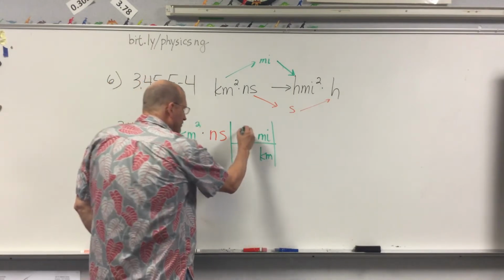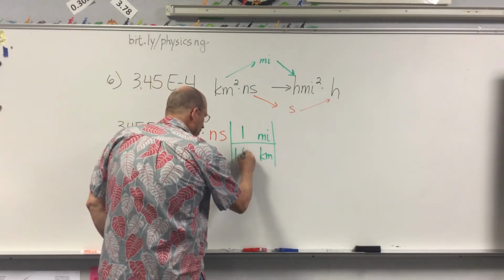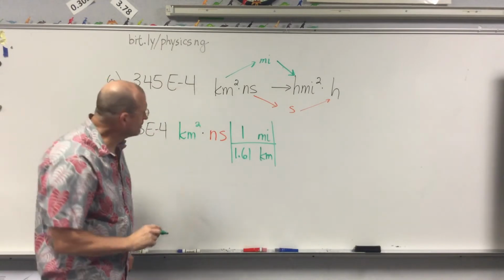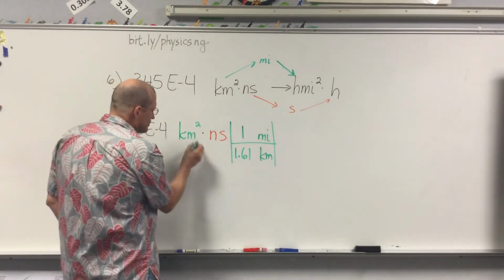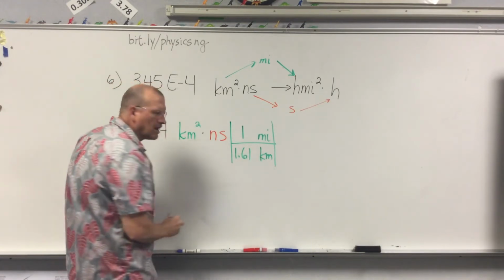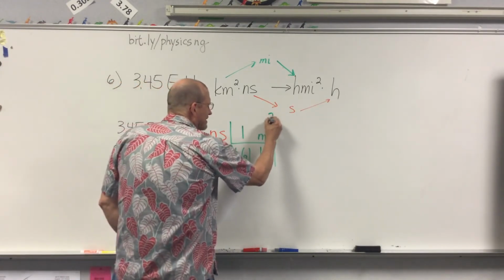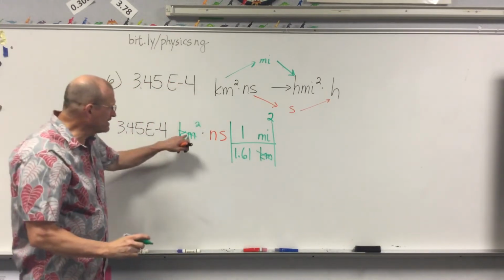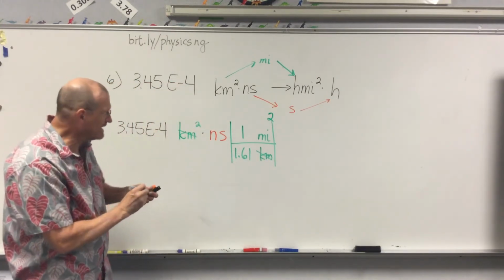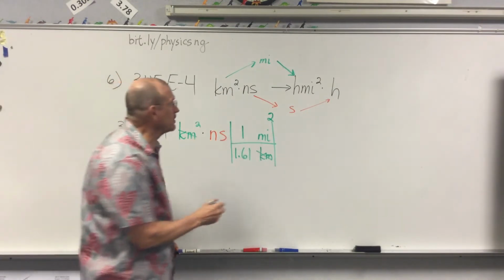And the value that I'll use, I can use them both, but I find a lot of people like to use this one. So that takes care of my kilometers, and if I square this, then both of these kilometers are now canceled. And now, at this point, I would be at miles squared.